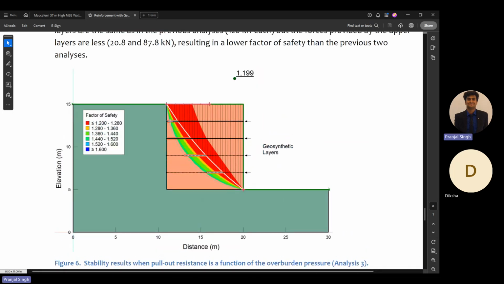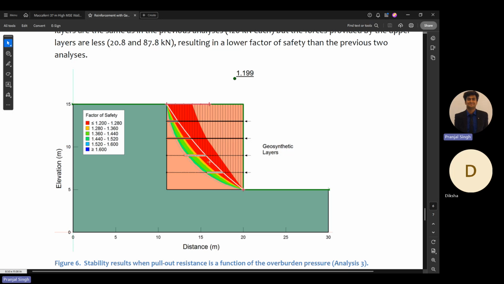Now here in the third case, you can see that the reinforcement capacity of the topmost layer is not sufficient because the overburden is less. Since it is dependent on friction, and the overburden is less, you require more embedment length than the other layers.